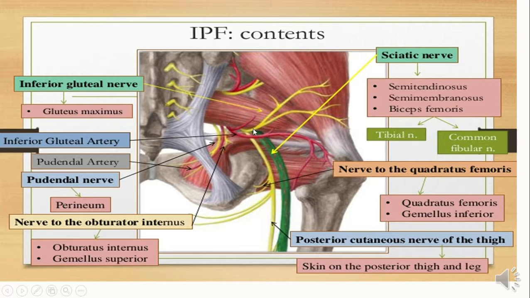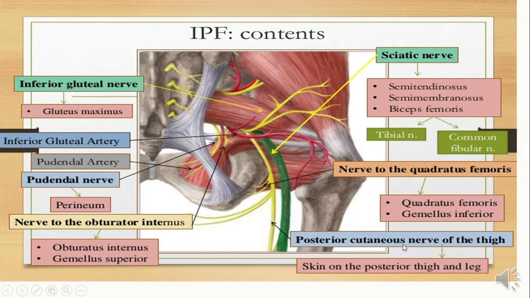So, in case of blood supply, gluteus maximus gets its supply from both superior and inferior gluteal arteries, while in case of nerve supply, the gluteus maximus is supplied by the inferior gluteal nerve, while gluteus medius and minimus are supplied by the superior gluteal nerve. Then we see the posterior cutaneous nerve of thigh.